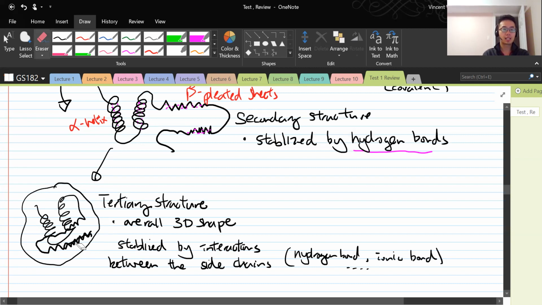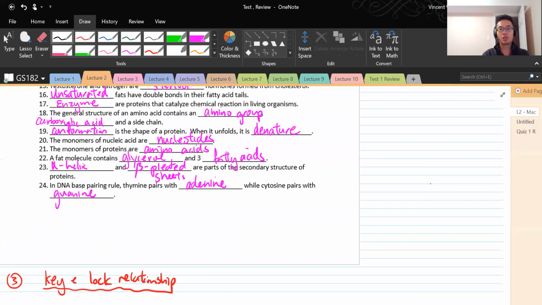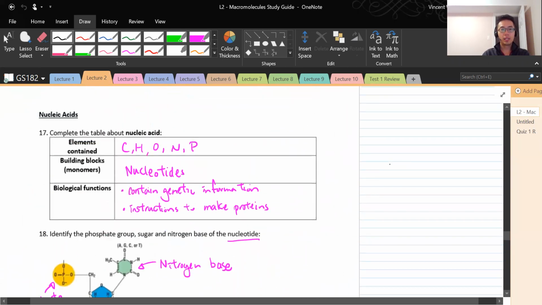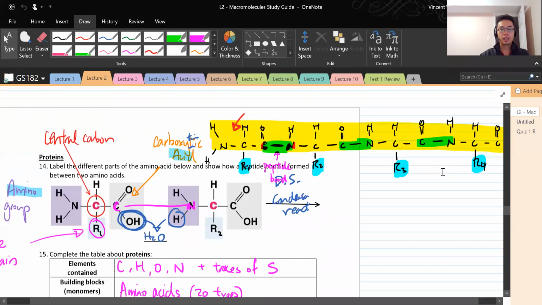But the key thing is it's the interaction between the side chains. The secondary structure is stabilized by the hydrogen bonds of the backbone. Backbone, okay? Remember in lecture 2, I think we did this.